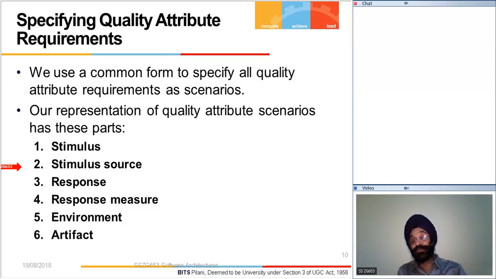Source of the stimulus is the operator, the person using the system. Stimulus is an inquiry, what is software architecture? The response is Google shows you a page which describes software architecture, the first one being a small summary created by Google, thereafter something by Wiki. And then, how do you measure it? The response appears in 2 seconds.